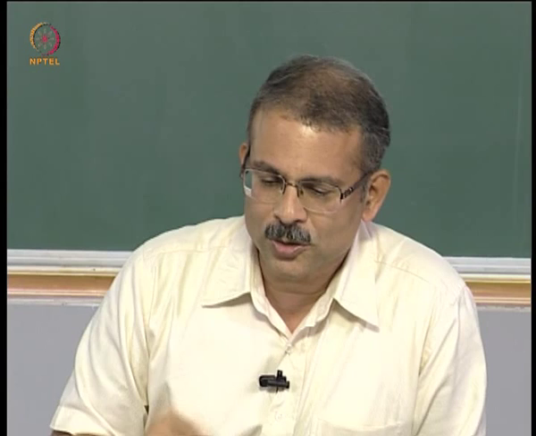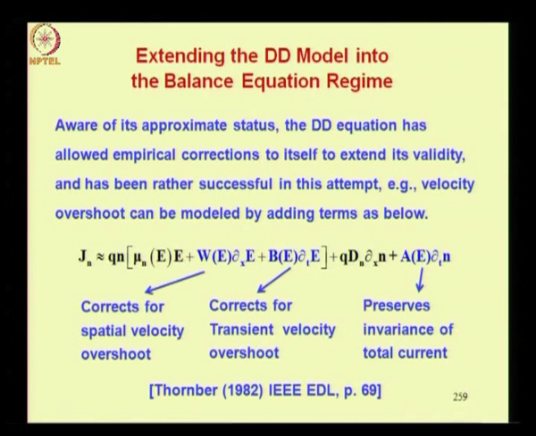So those kinds of things also should be modeled, and that is why the carrier concentration term also has been included. So even when the velocity varies with time, there also the current should remain constant, and therefore this time varying term here of concentration.